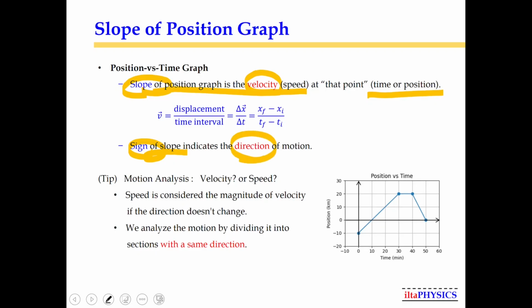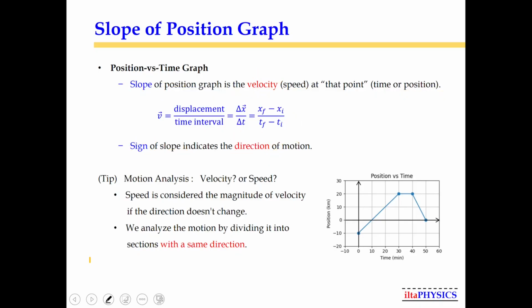Here's one tip. When doing quantitative analysis of motion, is it better to calculate velocity, which is a vector quantity, or speed, which is a scalar? I trust that you remember the definitions of velocity and speed and their differences. Earlier, we explained that speed can be thought of as the magnitude of velocity if the direction doesn't change.